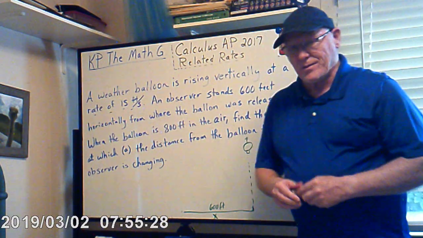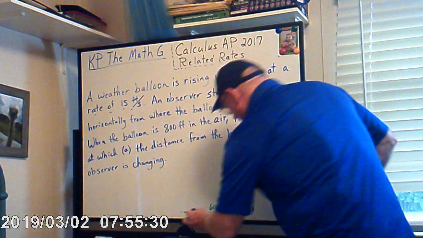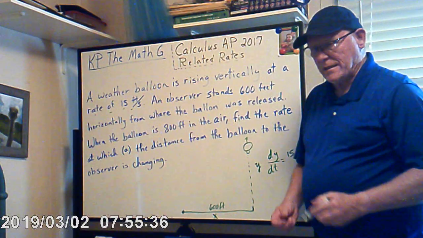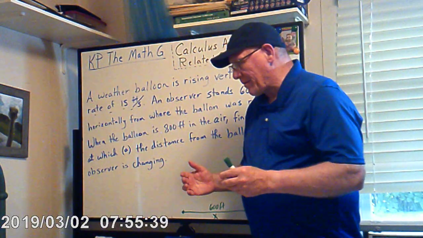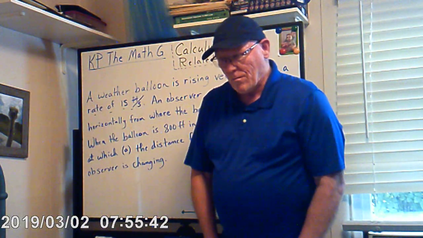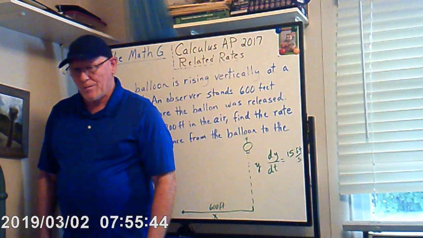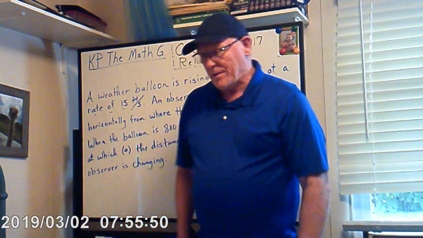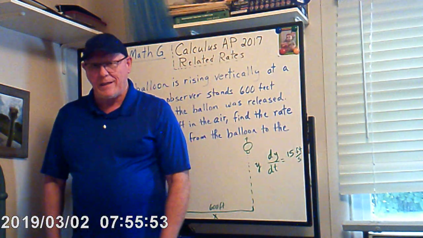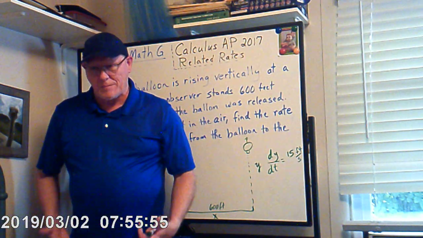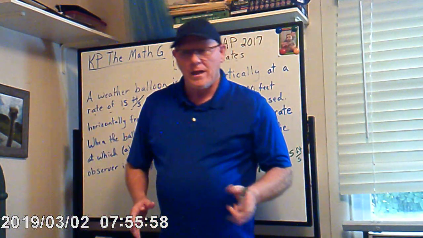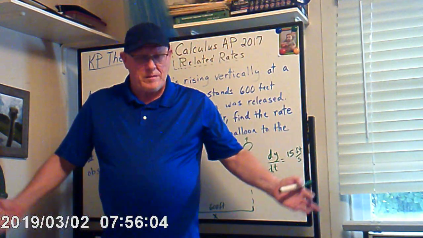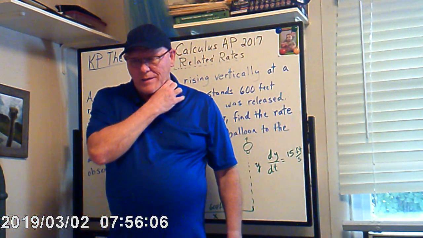Think about this. Since this is already a fixed spot where this person is standing, is there a rate at which this person is walking further away, or walking further in? The person is 600 feet away. He's just standing there. So that's a fixed amount, which means that the rate at which this person is walking is zero.